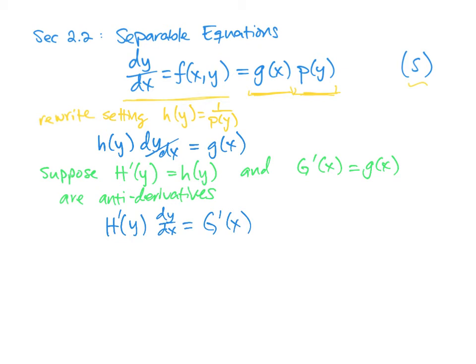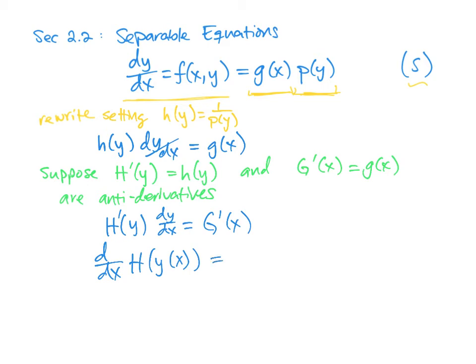But we can make the observation that the left-hand side is actually an expression of chain rule. If we think about how big H is a composite function, it's a function of y, which is itself a function of x. So we can rewrite the left-hand side as d dx of H, which is a function of y, which is a function of x.